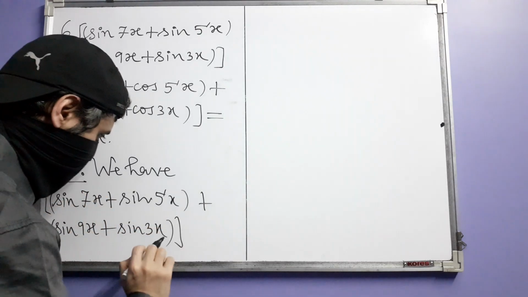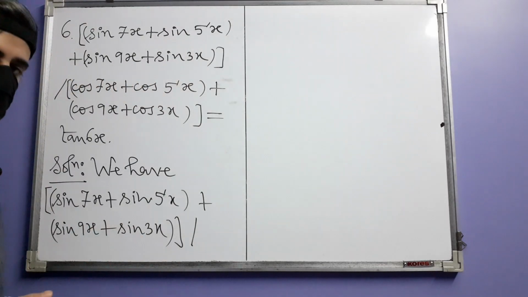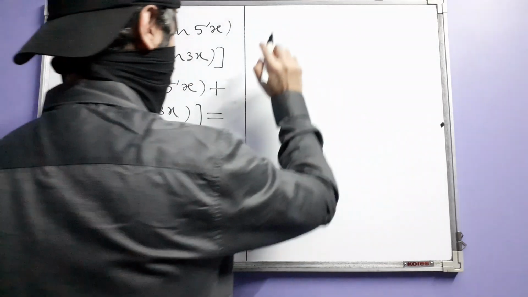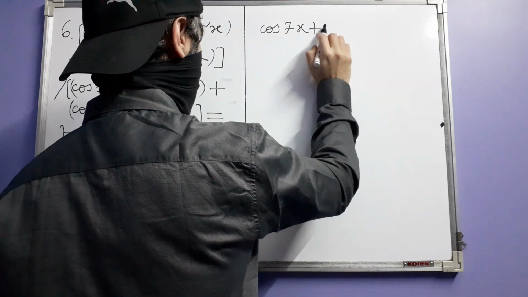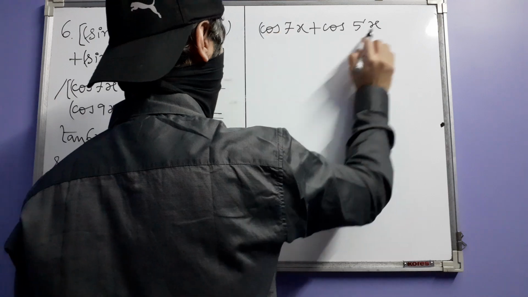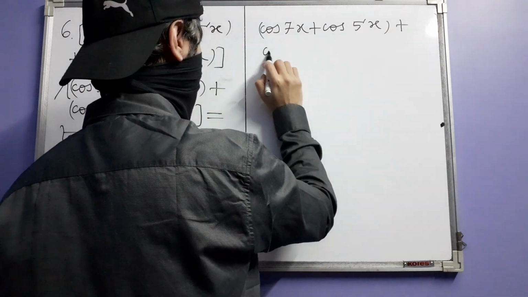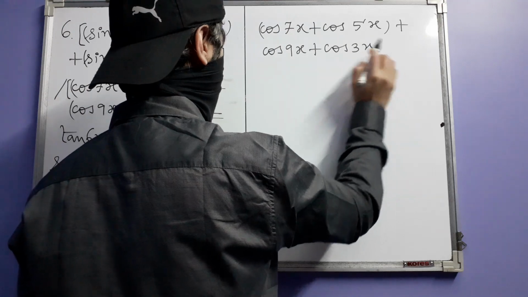So that's the numerator divided by the same angles, but they are cosine in the denominator. Cos 7x plus cos 5x plus cos 9x plus cos 3x.